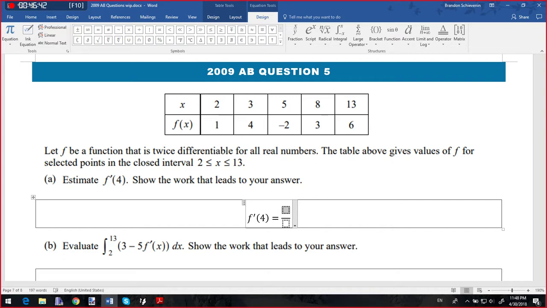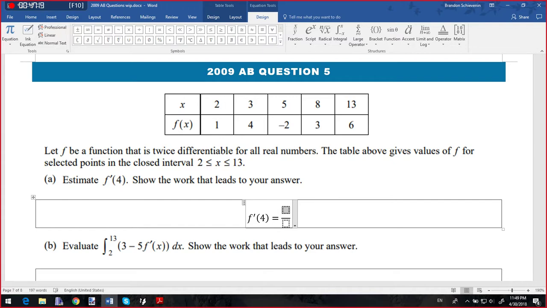So how can I use these points to estimate what the slope would be at 4? I heard a sound that sounded like you got it, but I've actually lost your video.